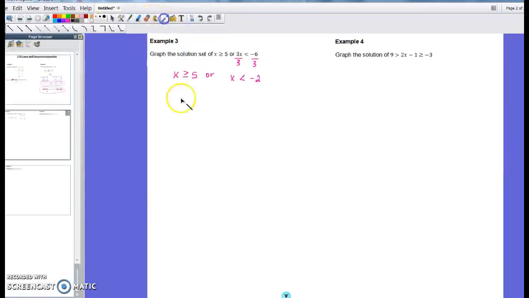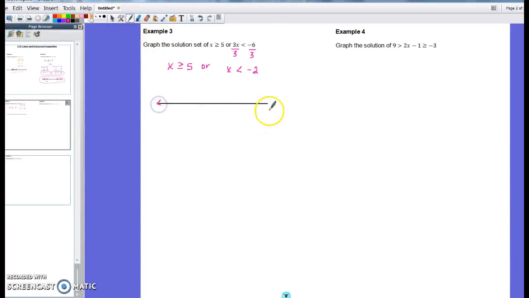So again, if I create my number line, and I put these two values on it, right? So if I've got -2 and +5, if I'm greater than or equal to 5, that means I would have a closed circle at 5.